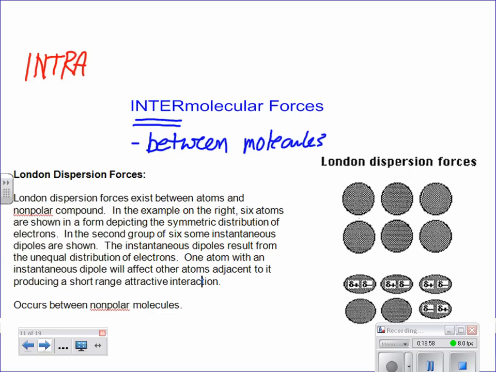Bonds. That's exactly what it is. So if I were to ask you, what is stronger? Intramolecular forces, which are bonds, or intermolecular forces? The answer would be intra. The bonds are going to be really, really strong, holding those things together.